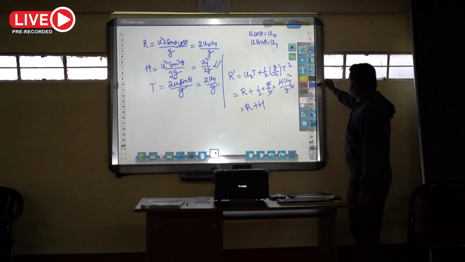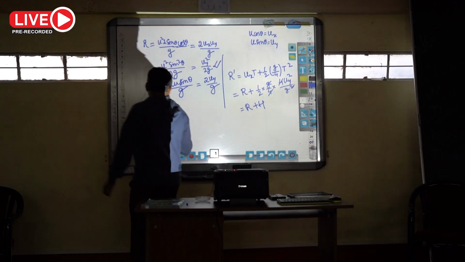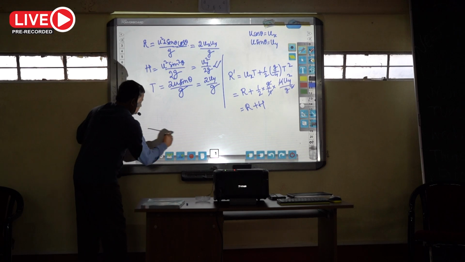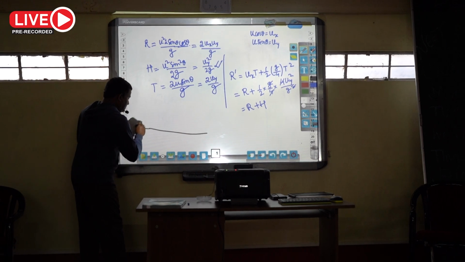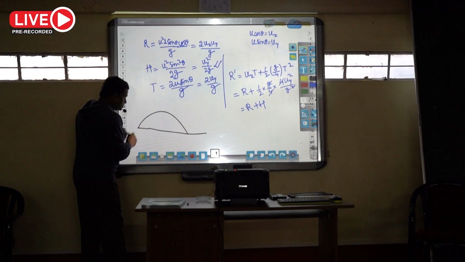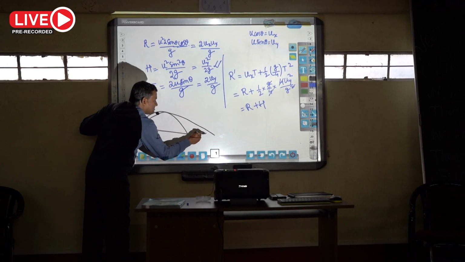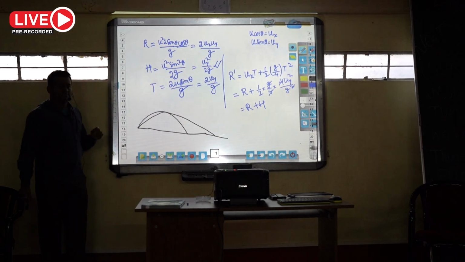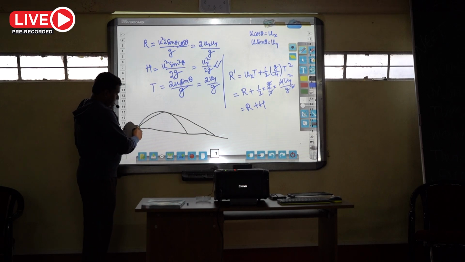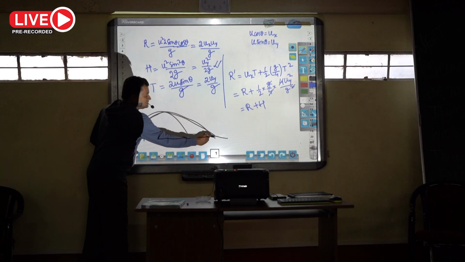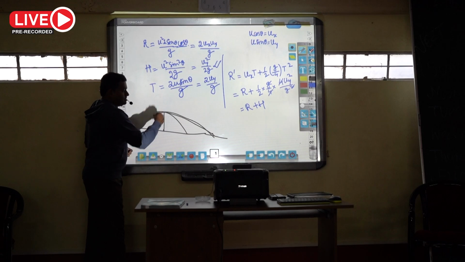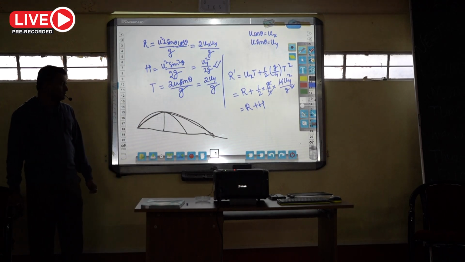If you draw the graph of this motion, it will look like this. Previously this is the projectile motion. Now it is increased by the same amount. Height remains the same but range is increased.